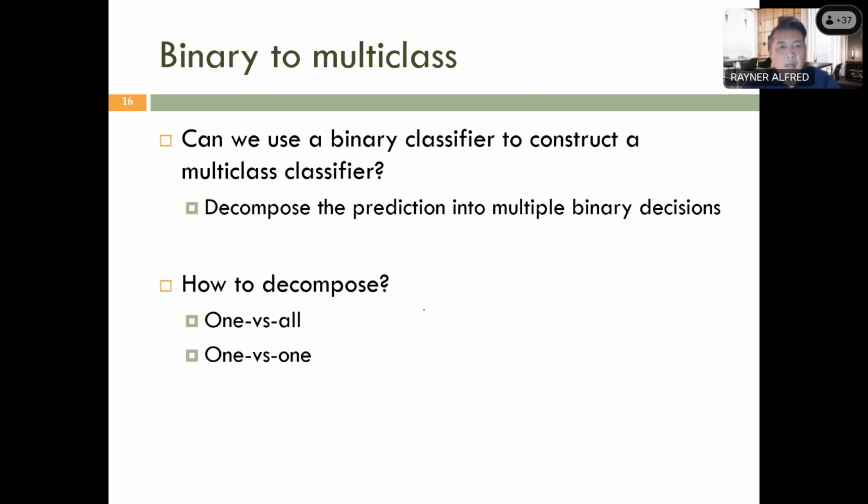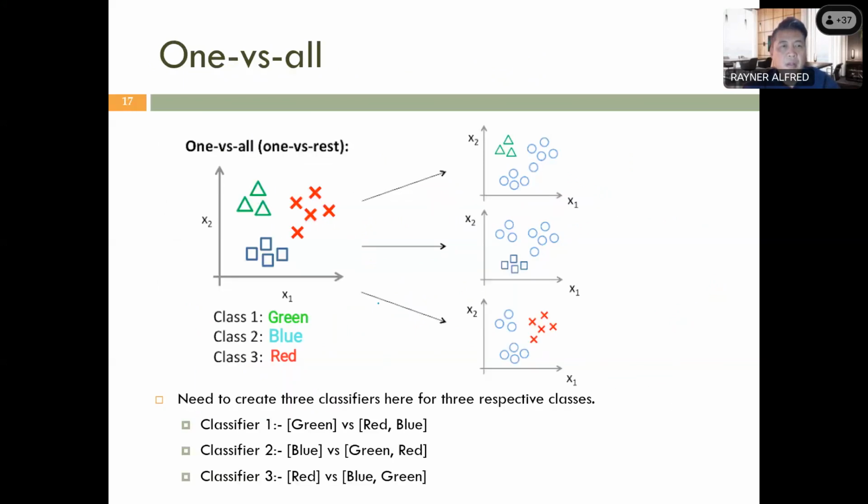Okay. So for the first one, one versus all. The idea is we do not want to have the overlapping. One versus all means you take one class and then you separate the others. For example, like this, first we take the triangle one, so we draw a line there, and then the rectangle, and then the times.